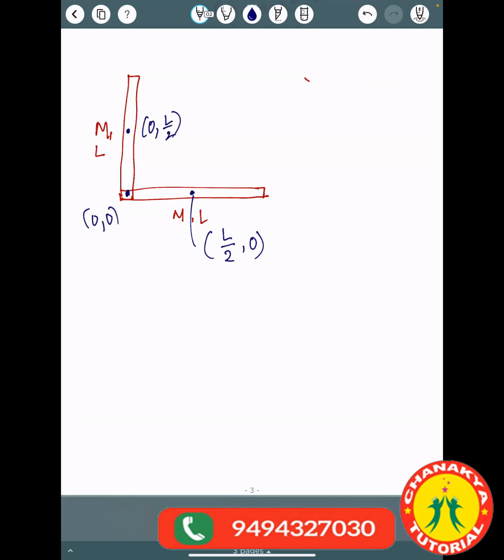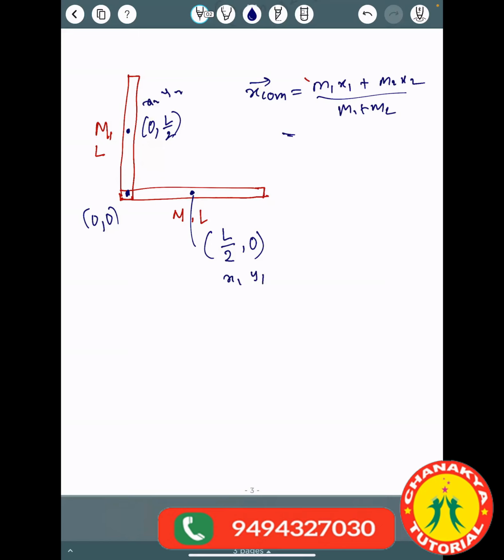Well, directly you can say that the x center of mass is m1 x1 plus m2 x2 divided by m1 plus m2. This is your x1 y1, this is your x2 y2.